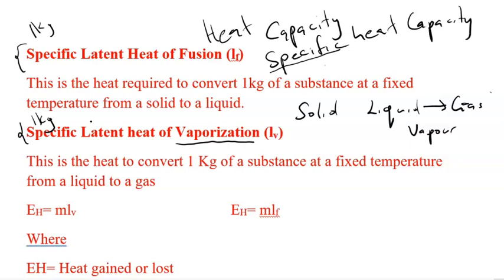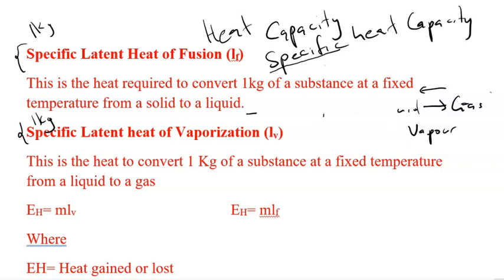Fusion, we normally look at how it is moving from liquid to solid. And later on, you might hear about condensation. All these terms are just the changes that we're moving from one form to another, and they're terms that we'll get used to.